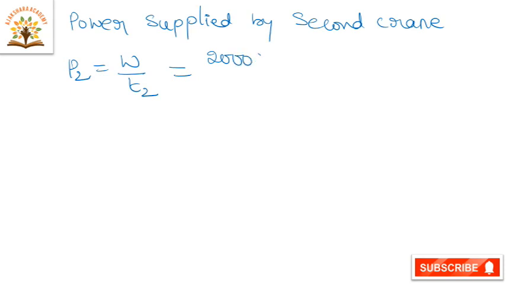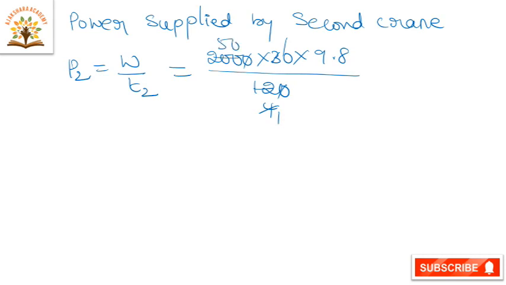So 2000 into 30 into 9.8 by, here time they given as 120 seconds. The zeros cancel, 3 ones are 3, 3 fours are 12, and 4 ones are 4, 4 fives are 20, 0. So that is equal to, we are getting a total of 4900 watts.